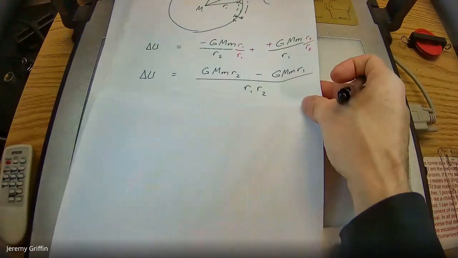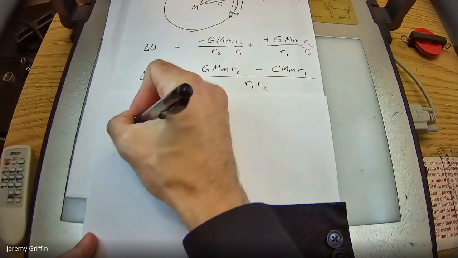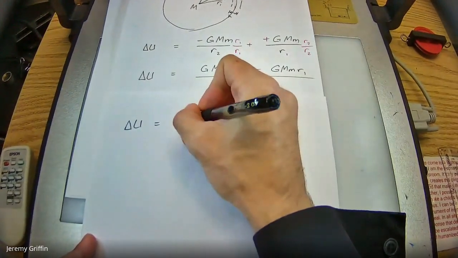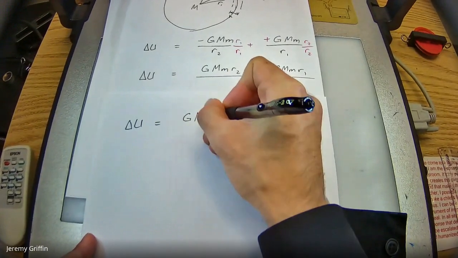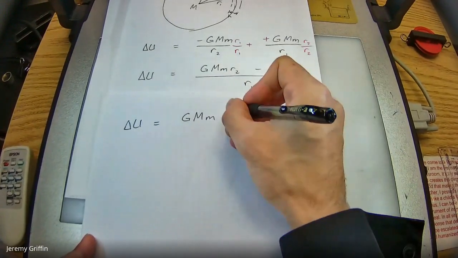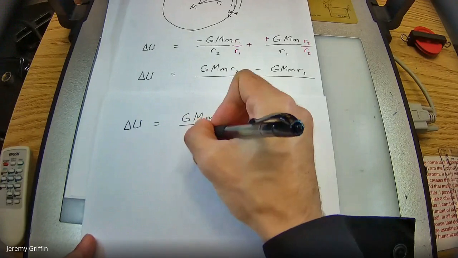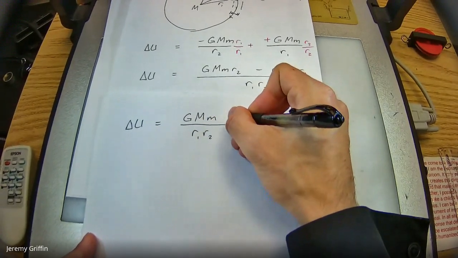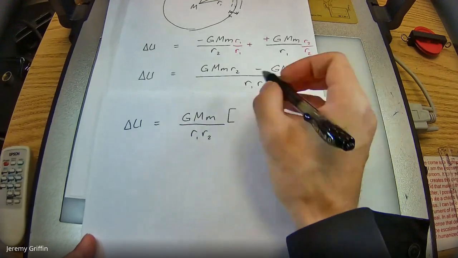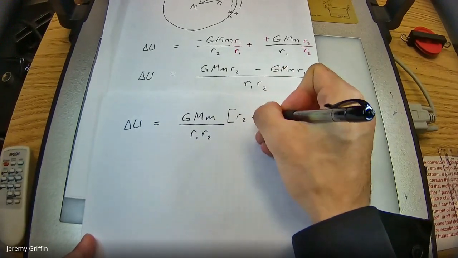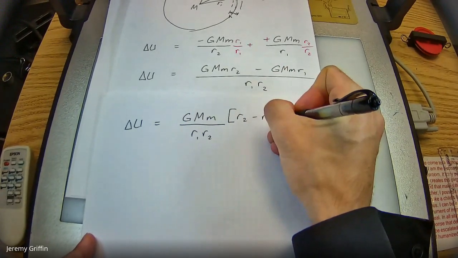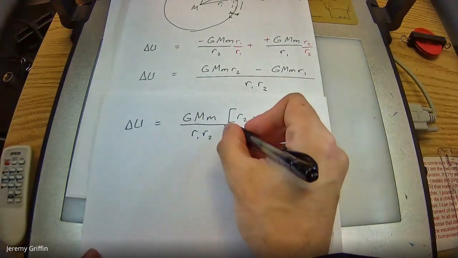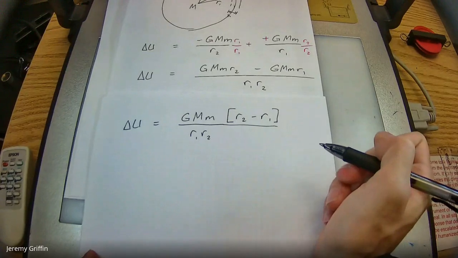The change in potential energy is G M m over R1 R2, and inside I've got R2 minus R1. Is that okay so far?